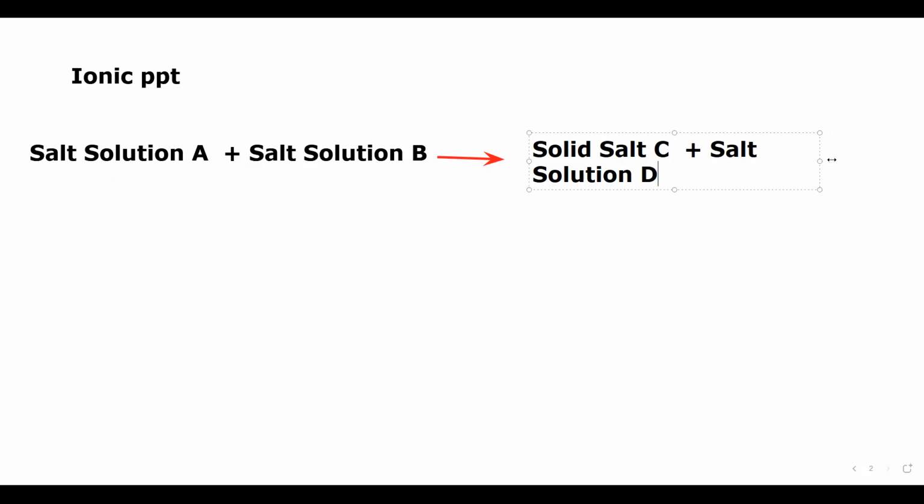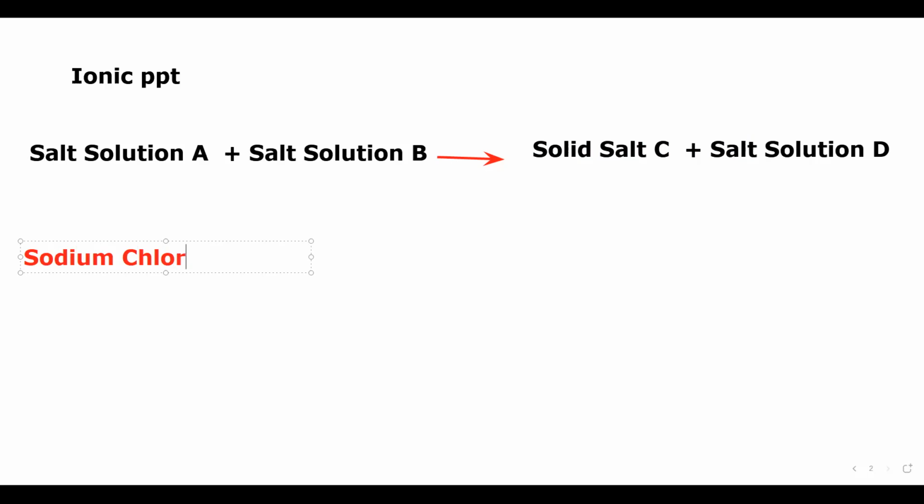And these equations are very easy to complete. How is it easy to complete? For example, if I say I have sodium chloride, which is a salt, mixed with silver nitrate.